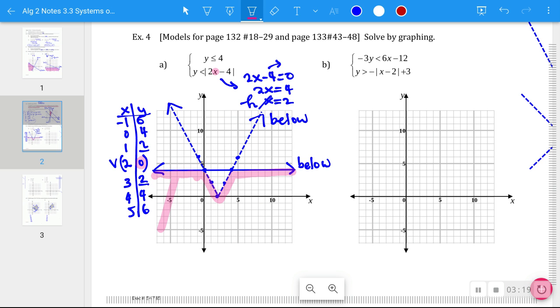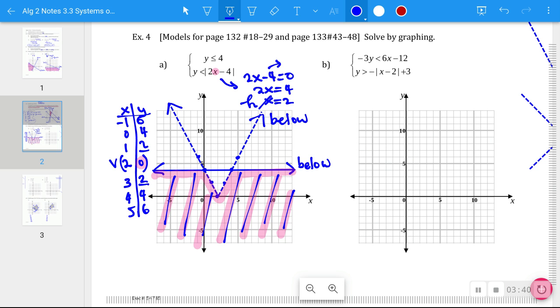And this would be the solution set down here, everything below both graphs. So if you're using a mechanical pencil or a pen, you're going to hash it at an angle like this. And that's the solution set down underneath that V and underneath that horizontal line.